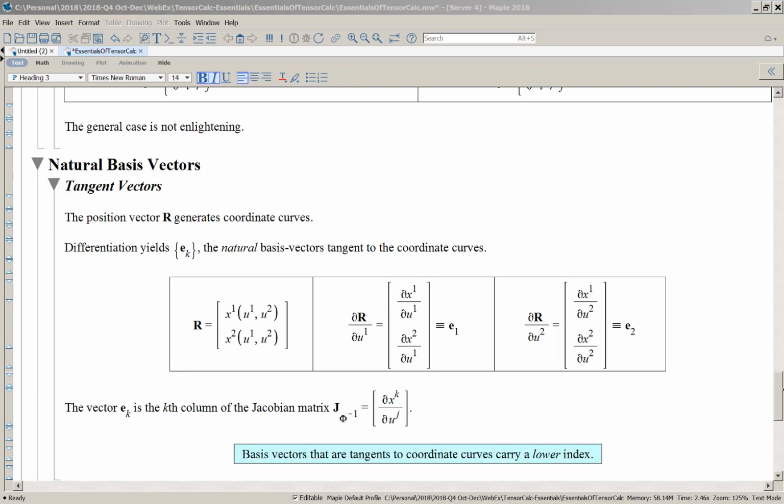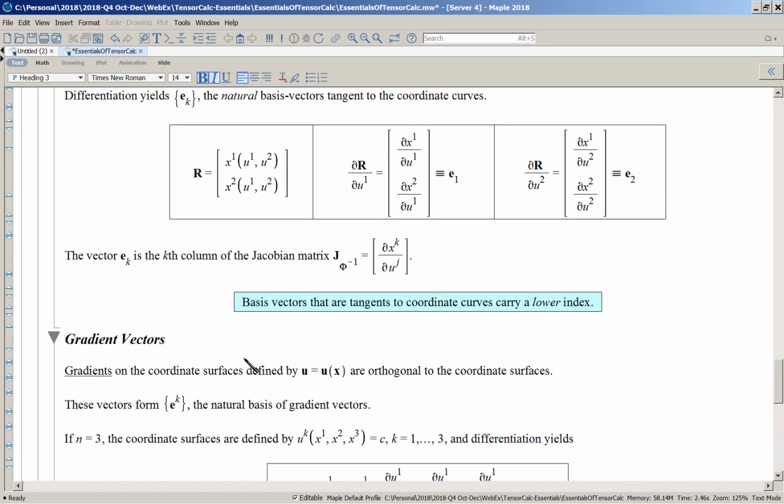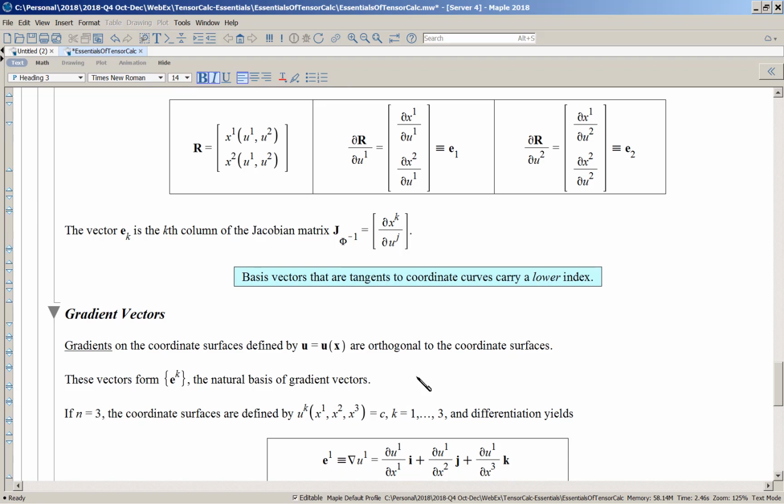So now let's look at gradient basis vectors. Okay, a gradient on a coordinate surface. And what is the coordinate surface? Well, that's defined as u as a function of x. And gradients are orthogonal to these surfaces. Gradient is orthogonal to any surface for which you computed the gradient.